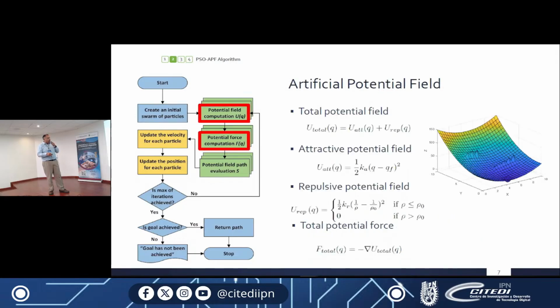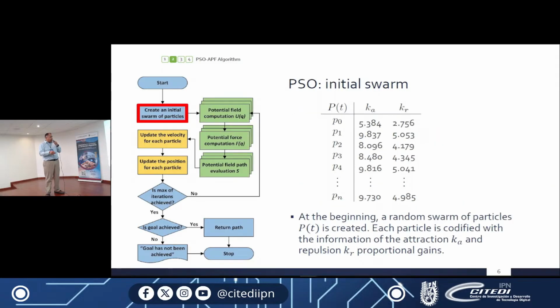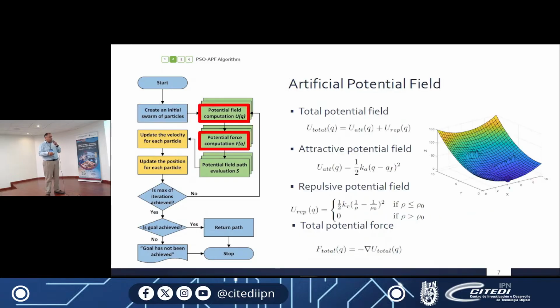So we create a total artificial potential field using the attractive potential field function and the repulsive potential field force. With the first particle, we create a total potential field function for every particle. This surface represents the solution for the first particle, and we have a surface for every particle.